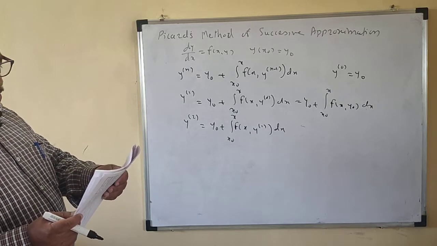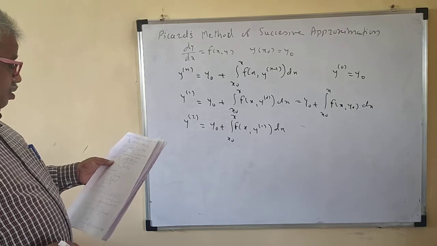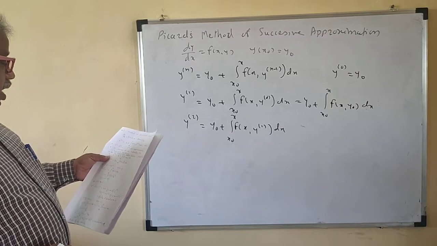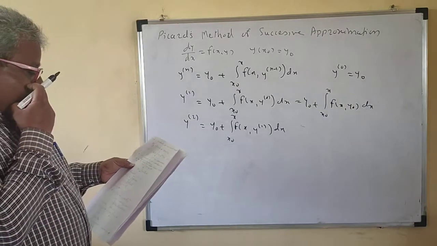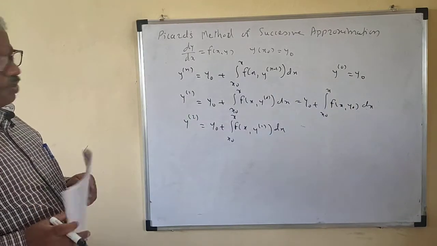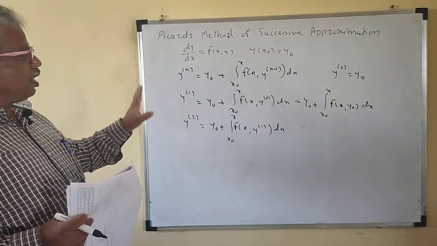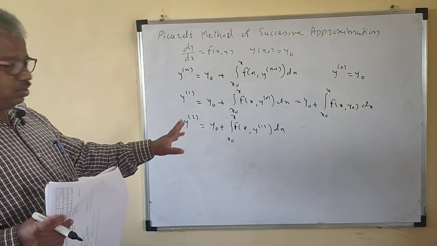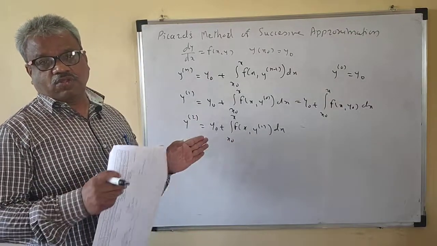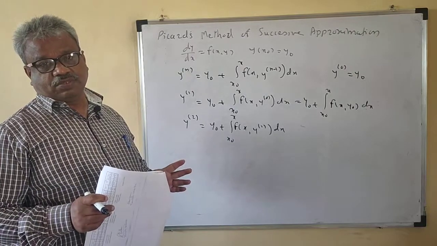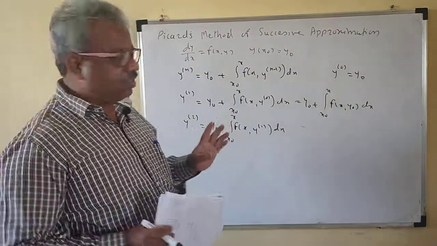Okay, so now what about Picard's method? It converges, and it involves integration of f. So here what we need is the integration. So this Picard method involves integration, and in Taylor series it involves differentiation, because n-times differentiable functions are there.